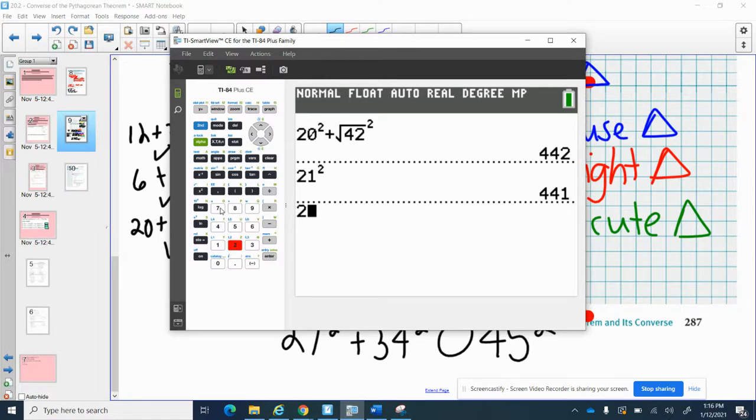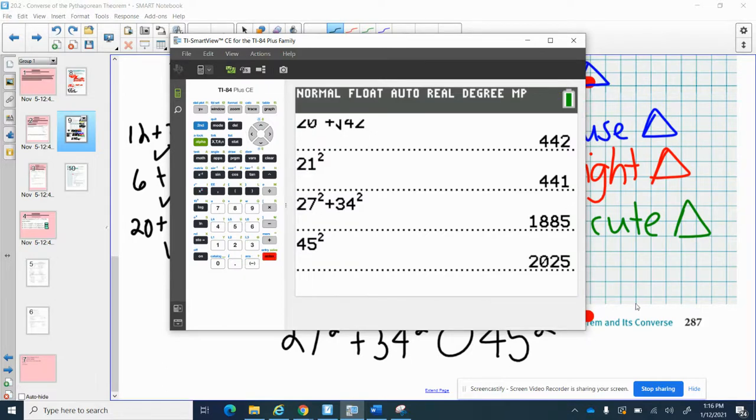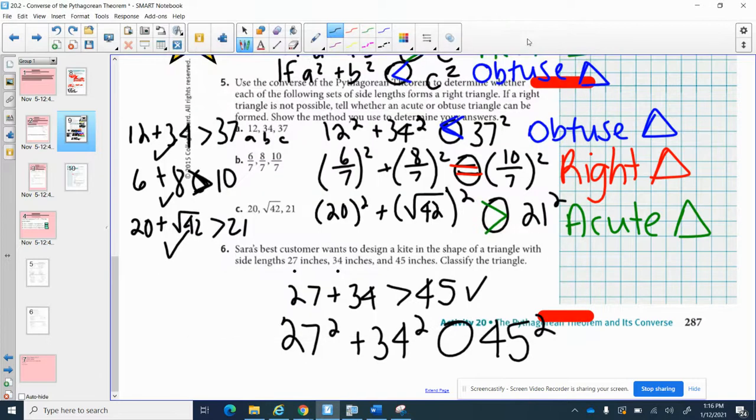What you should get is that 27 squared plus 34 squared is 1,885. 45 squared, though, is 2,025. So because the c squared was bigger, this becomes an obtuse triangle.